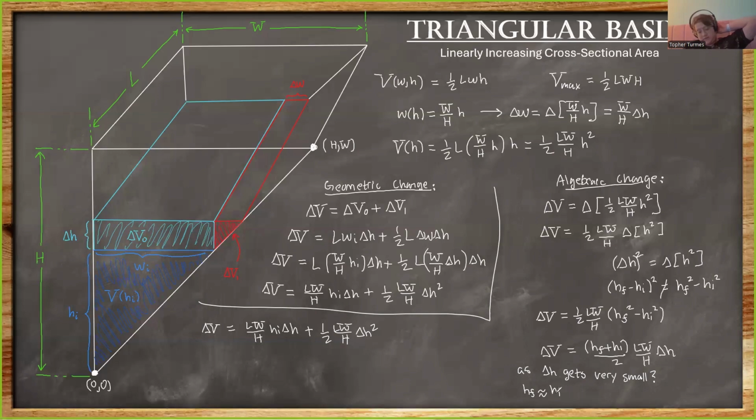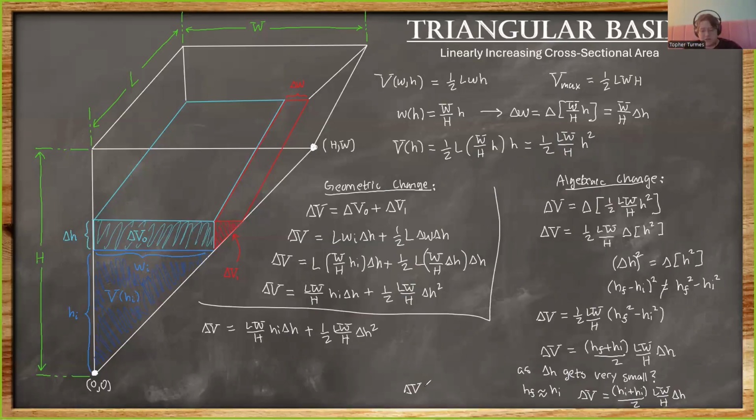Right. And at that point, you could plug that in and say delta V equals (H initial plus H initial) over 2 times length times width over height times delta H. And what does this simplify to give us?